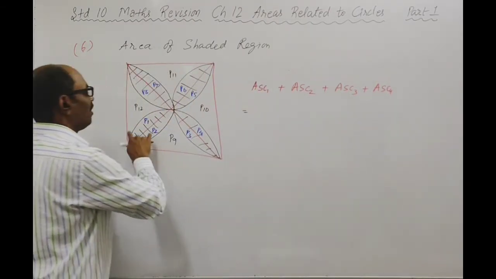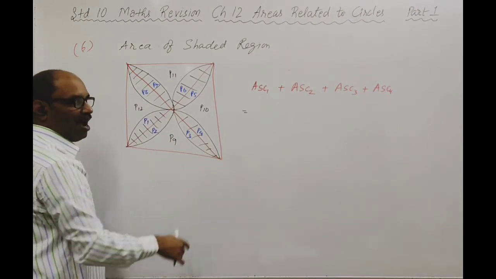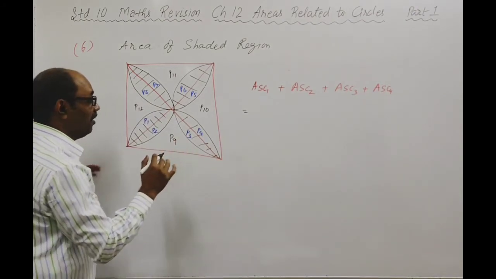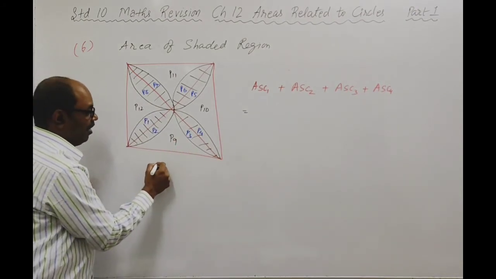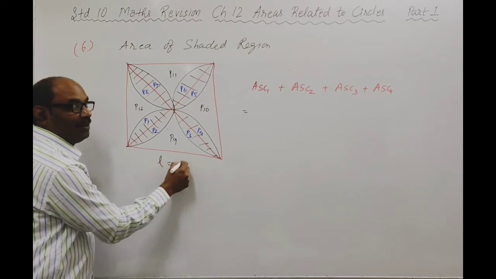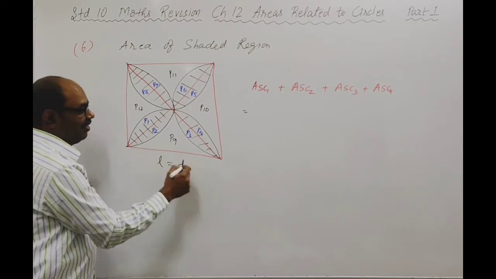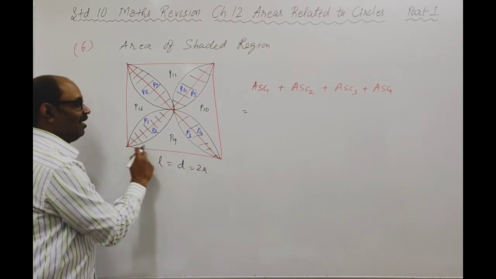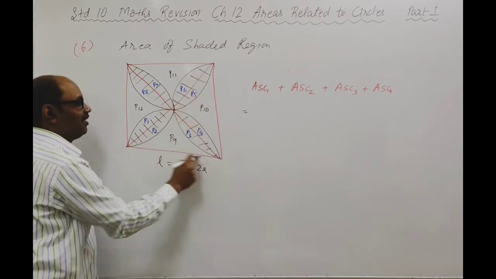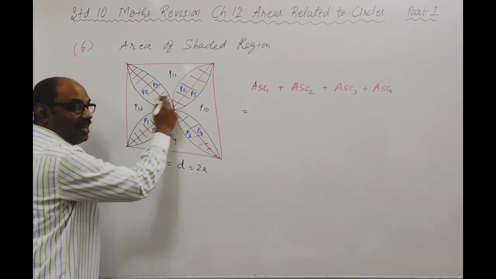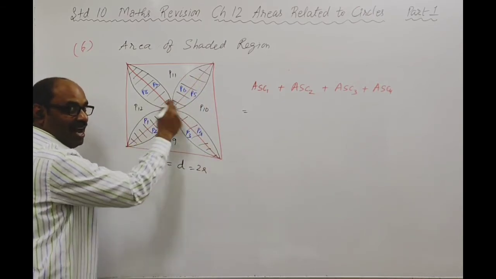One minute, this is very important. Length is equal to diameter in this case, and that is equal to 2r. Length of the square is actually the diameter of that semicircle.